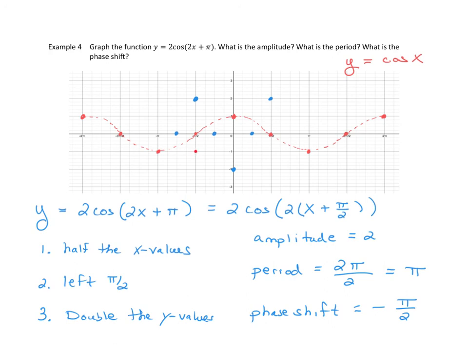I go pi over 2 to the left, takes me back to this negative pi, and if I double the y value, it goes down to -2. Same thing here. Half of this x value is -3 pi over 4. Pi over 2 to the left takes me here. And then if I double that y value, it actually stays at 0. And lastly, half of this one goes to negative pi. If I go pi over 2 to the left, I'm here. And if I double the y value, it goes up to 2.